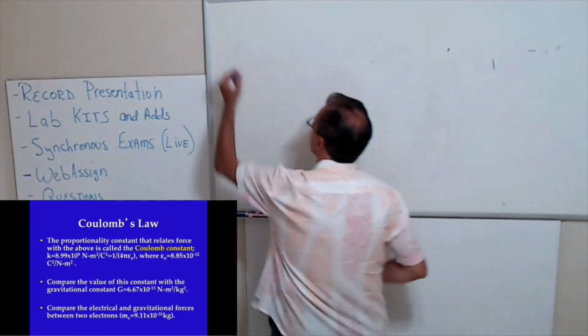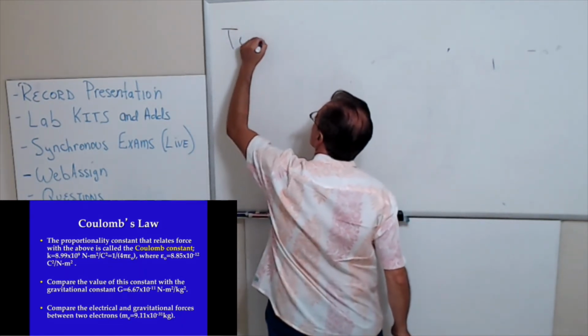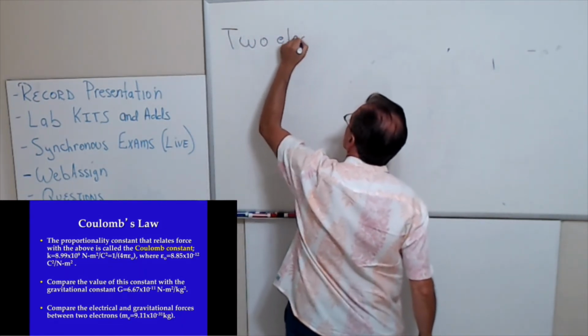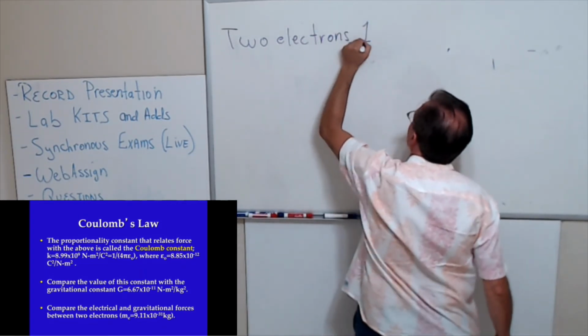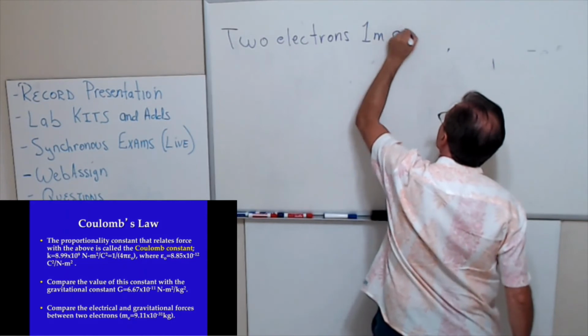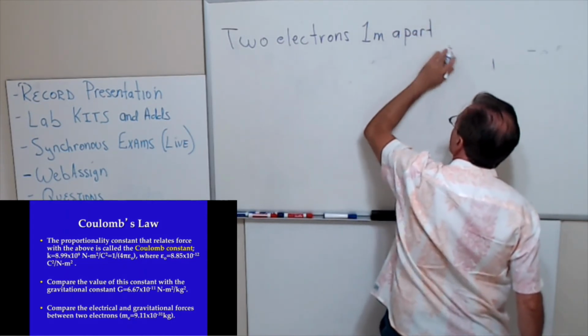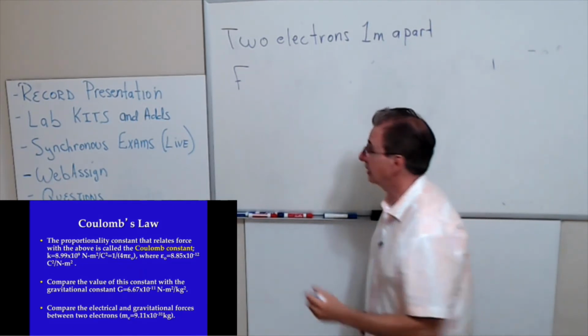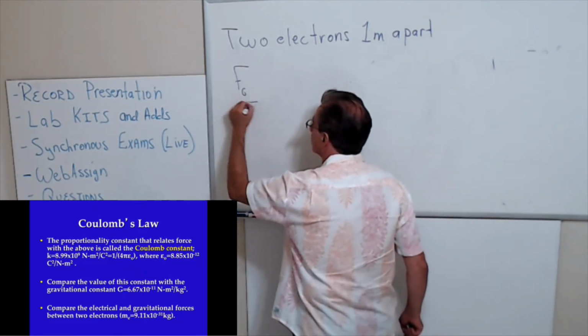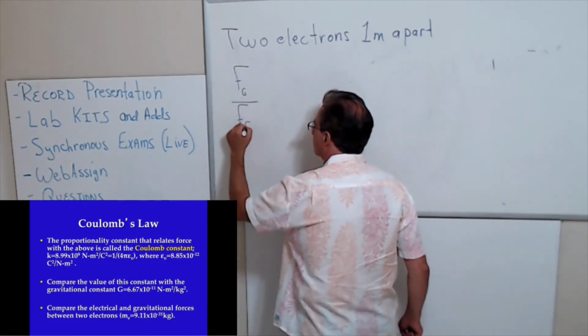So we have two electrons, and I want to calculate the ratio of the gravitational force to the electric force.